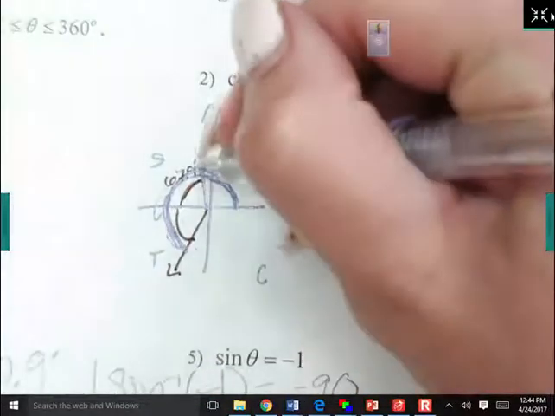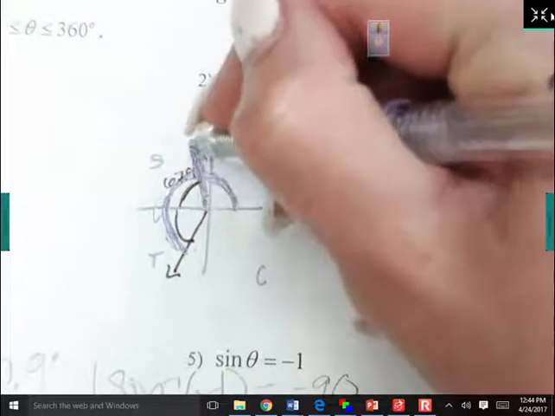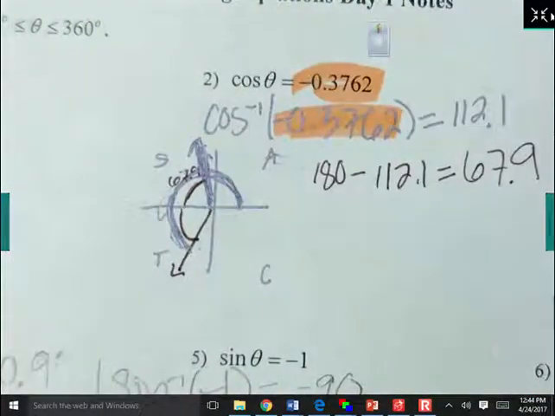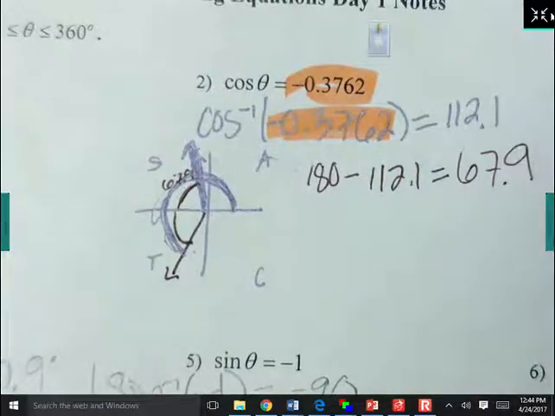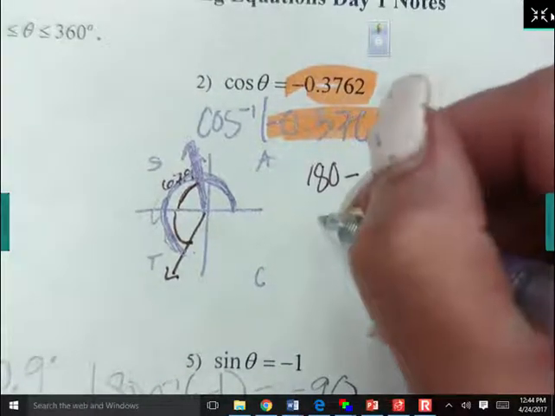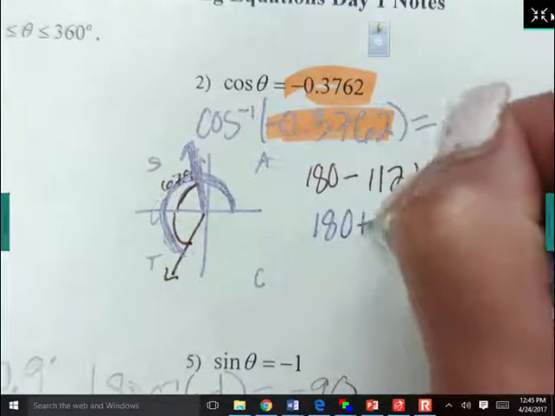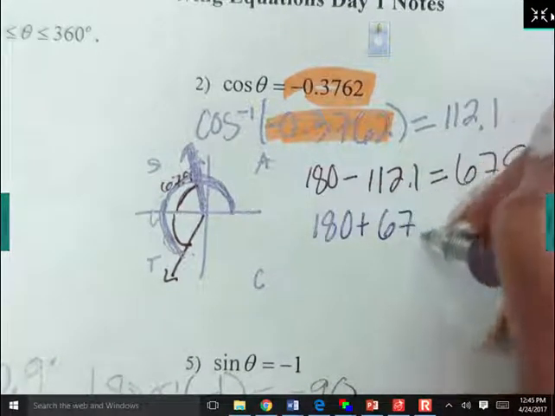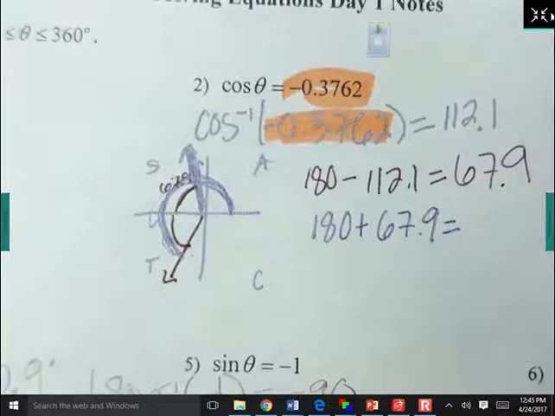And this could be drawn better. How many more do we go? Right. So what is that total? So you'd say 180 plus how much more? 67.9 more. And how many degrees is that?